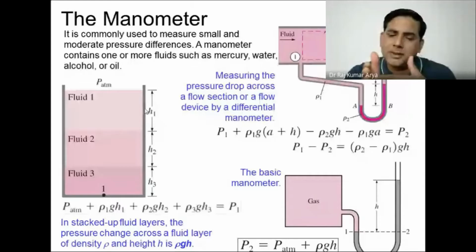This is the y coordinate, and you keep on placing a point. The pressure at that particular point is rho g y, and this is the projected area. Multiplying by this projected area will give you the force.